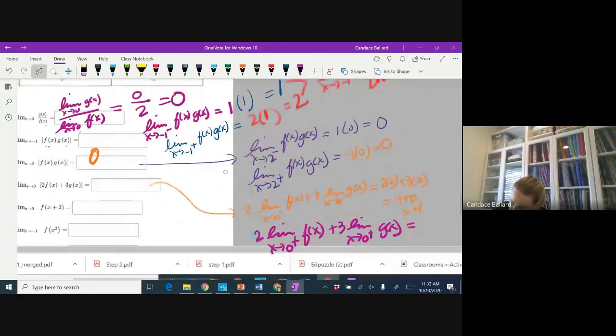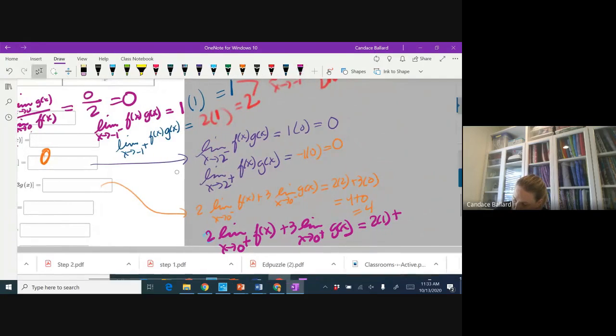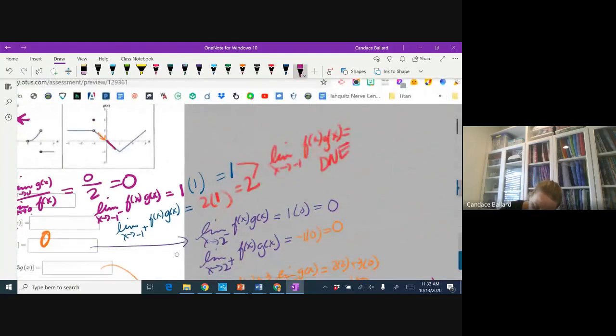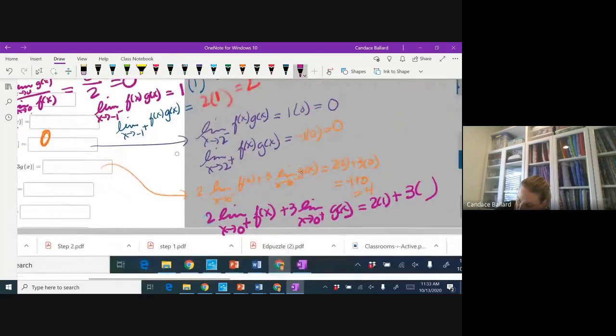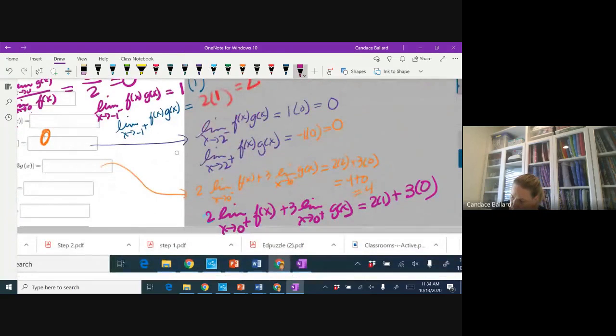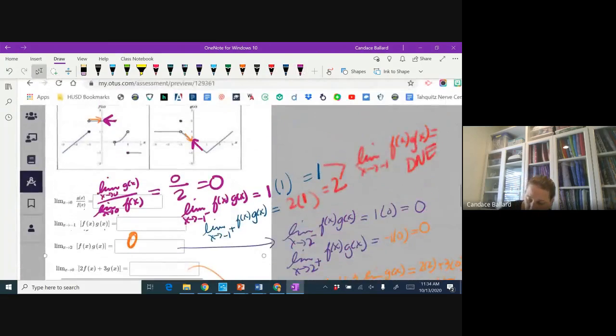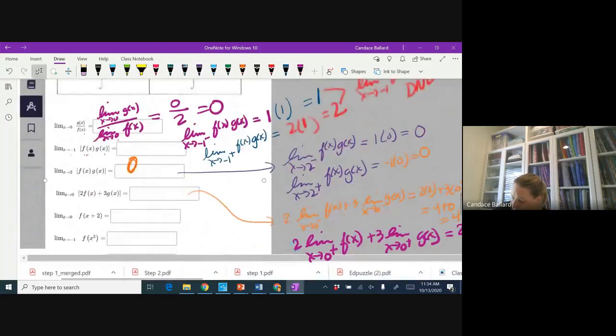So I have 2 times 1 plus 3 times 0 from the right. 0 from the right is 0. So what happened? It wasn't a 1, was it? I counted wrong. It's 2 here.